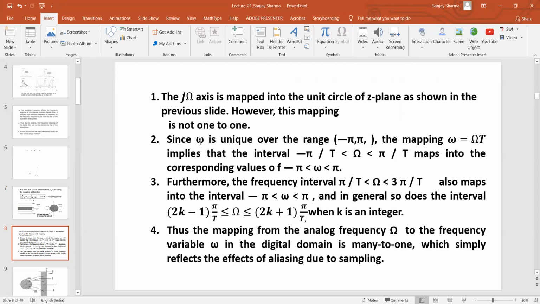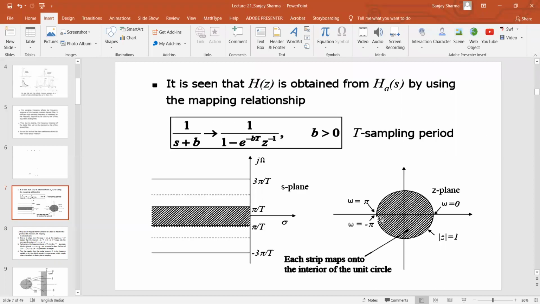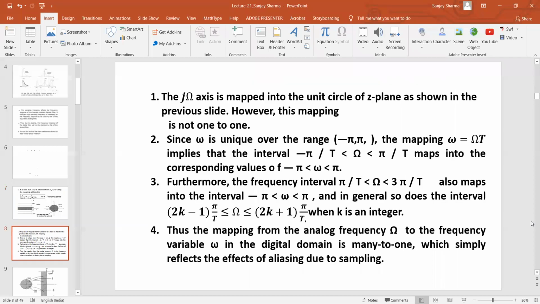Since small omega, which is the digital frequency, is unique over the range minus pi to pi, it will start from minus pi and end at pi. Small omega is the digital frequency and capital omega is the analog frequency, and this is the relationship.